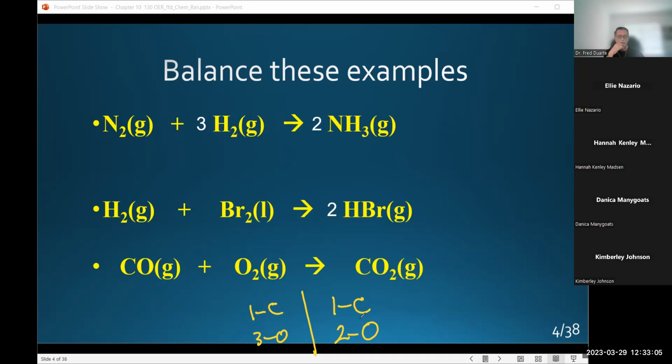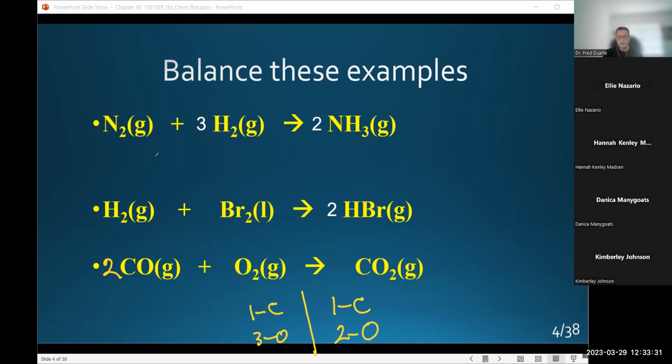I would leave carbon alone and focus on the oxygens. On the reactant side, I've got 3 oxygens, but they're separated, in different forms. So what if I get them to a value that's more divisible by an even number?